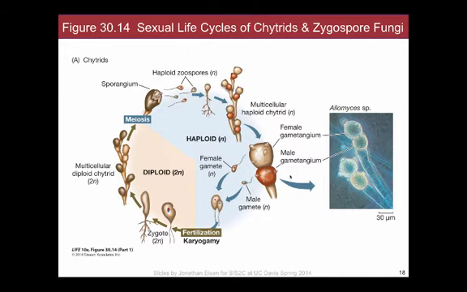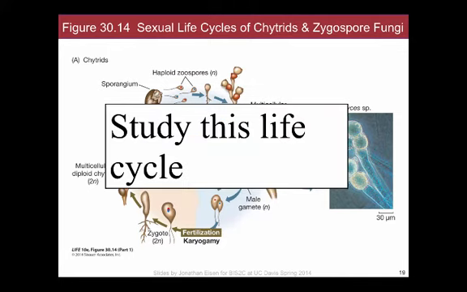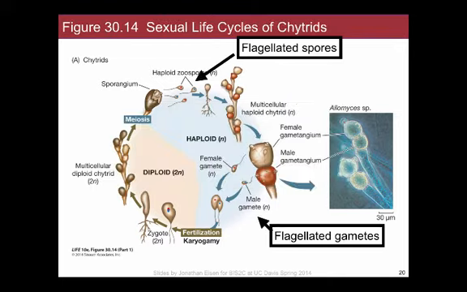So this is a life cycle of chytrids, provided in the book. You should study these life cycles and know the major differences between the life cycles of these different organisms.